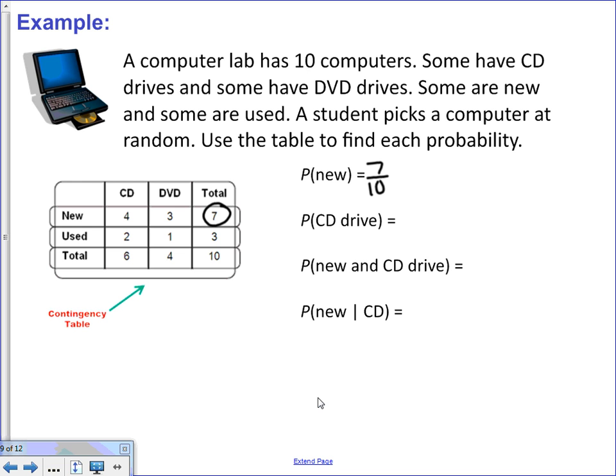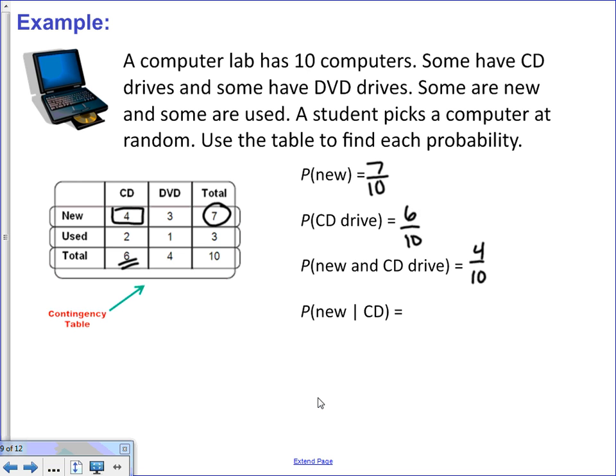We're looking at the total CDs, which is 6 out of 10. What's the probability they pick one that's new and has a CD drive? How many are new and have CD drives? Only 4. Okay, so that would be 4 out of 10.